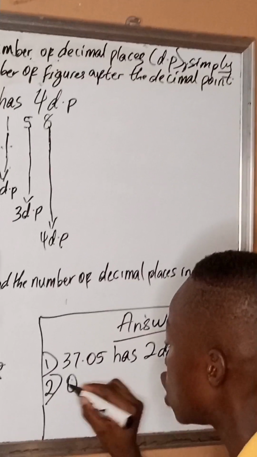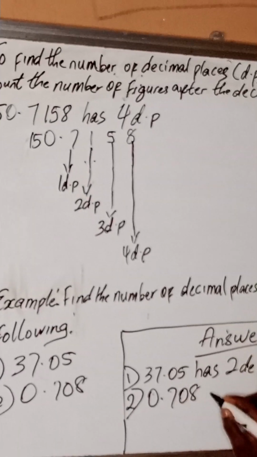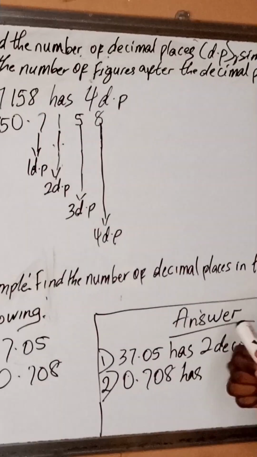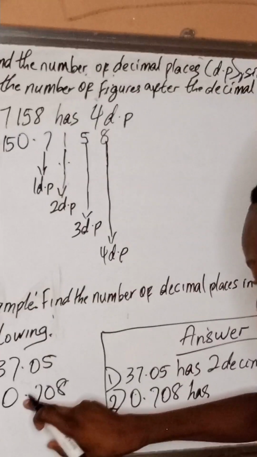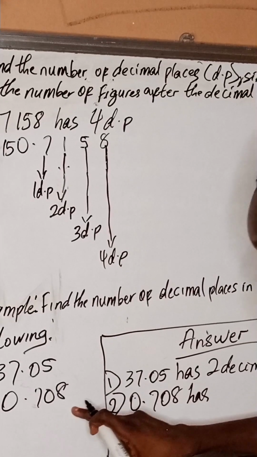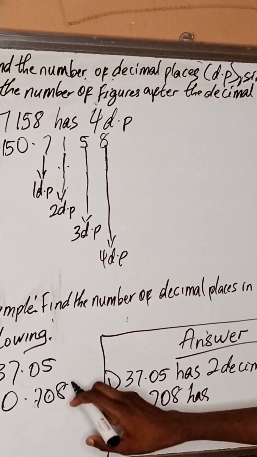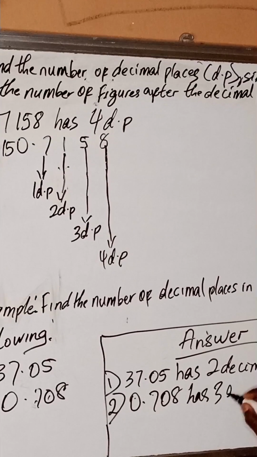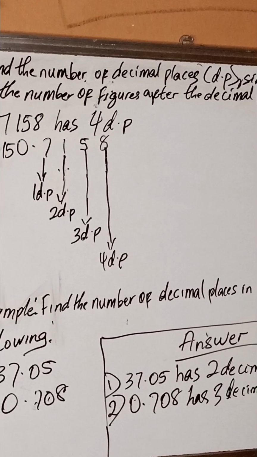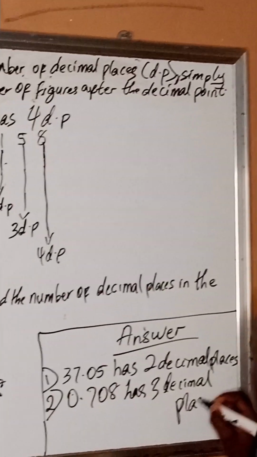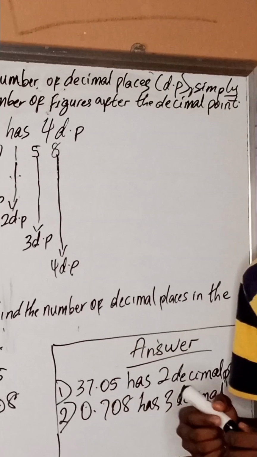Number 2, 0.708 has how many decimal places? This is the decimal point. How many numbers are after the decimal point? 1, 2, 3. So it has 3 decimal places.